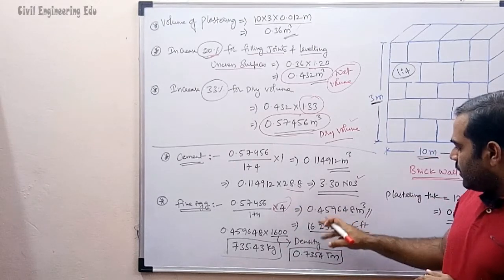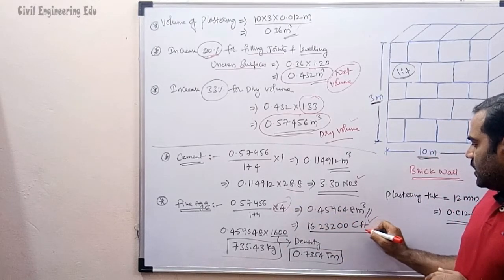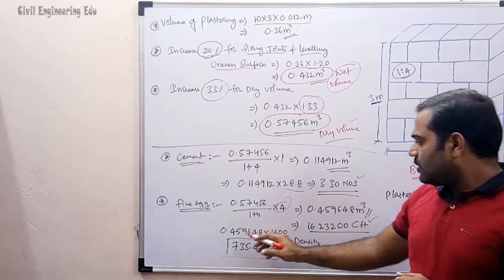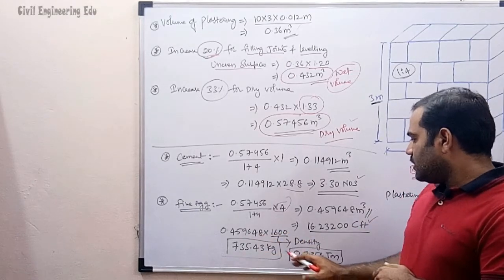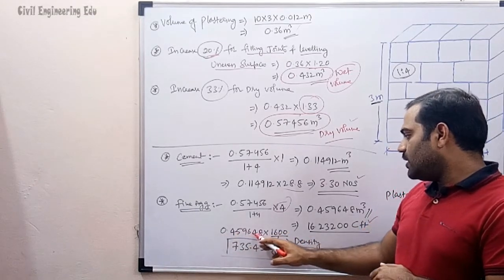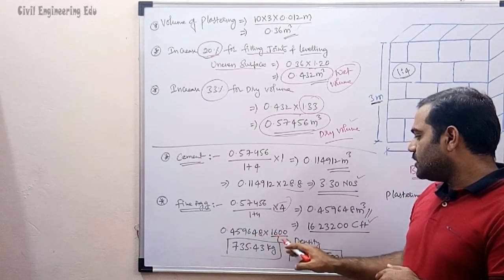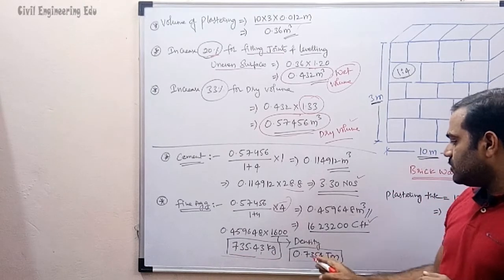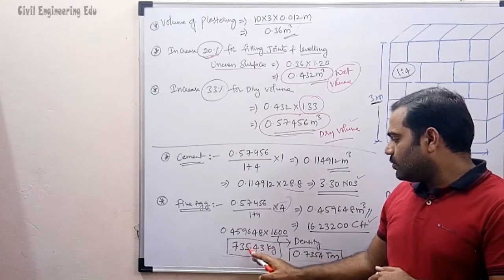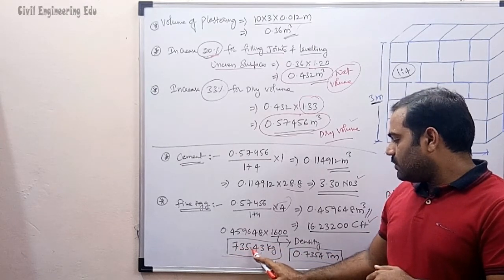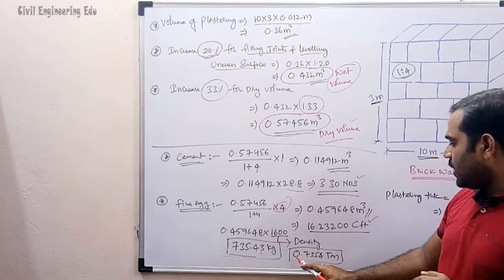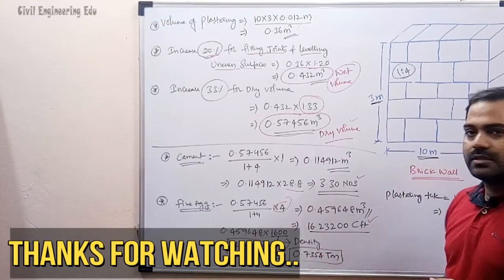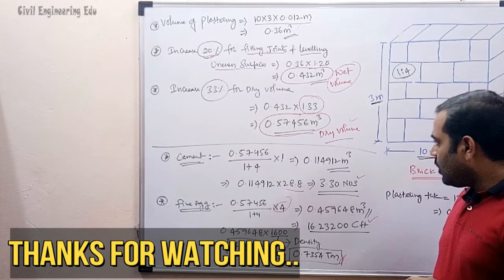This I converted into cubic feet, and to get the weight we multiply this cubic meter with density, so that we get 735 kg. To convert this into tons, we simply move this by 3 digits, so I got 0.7354 tons. So this is how we calculate.